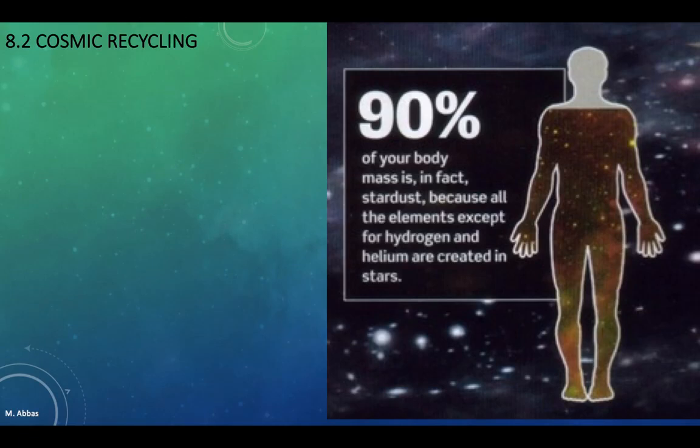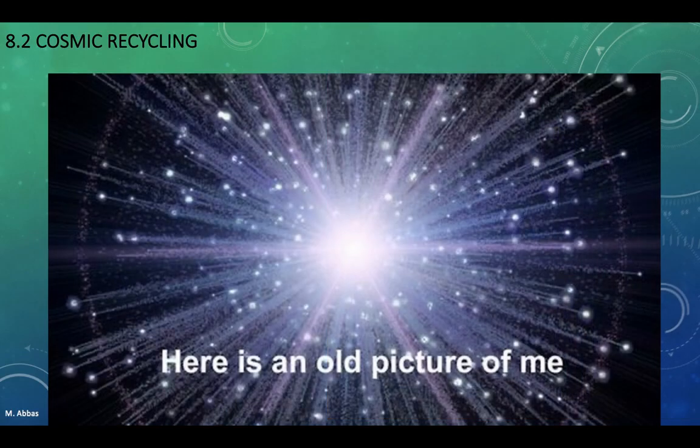If you want to do statistics, you will realize that 90% of the atoms found in a human body were made in stars back in the time. This is all you need to know. So this is an old picture of you when you were a star.